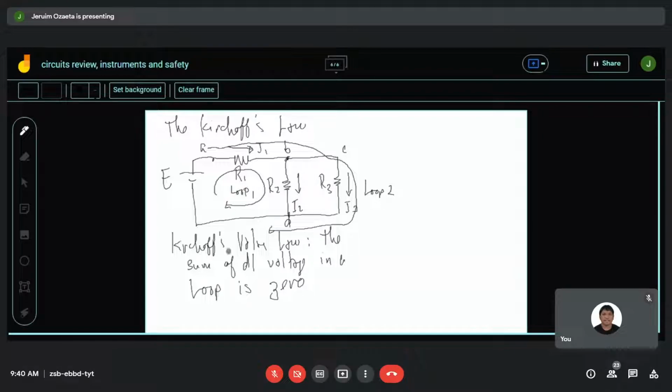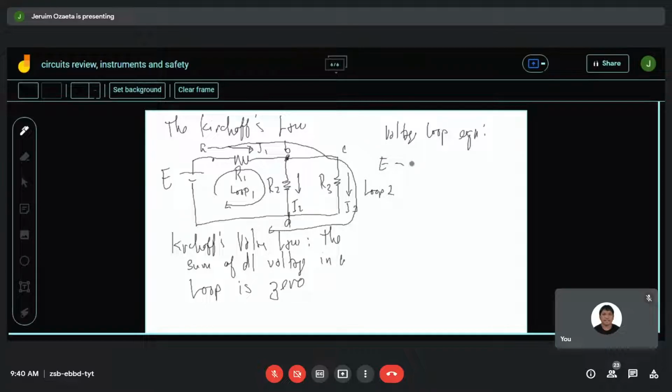Sabi natin, by Kirchhoff's voltage law, the sum of the voltages in the loop is 0. Okay, so if we take that equation of voltages in these two loops, we get the voltage loop equation will be E. Now, take note that the current I sub 1 through R sub 1 is a drop.